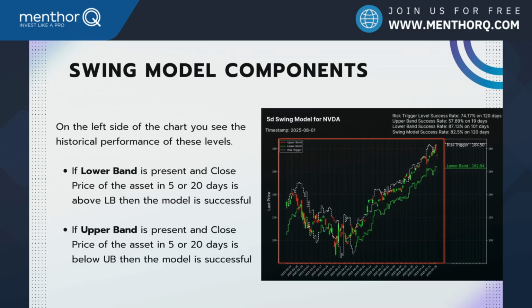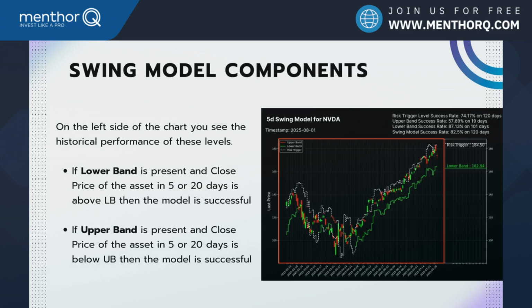So let's identify what success is for us. If the lower band is present and the close price of the asset in 5 or 20 days is above the lower band, then the model is successful. If an upper band is present and the close price of the asset in 5 or 20 days is below the upper band, then the model is successful as well.